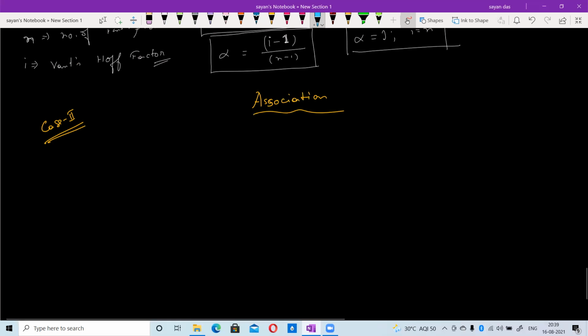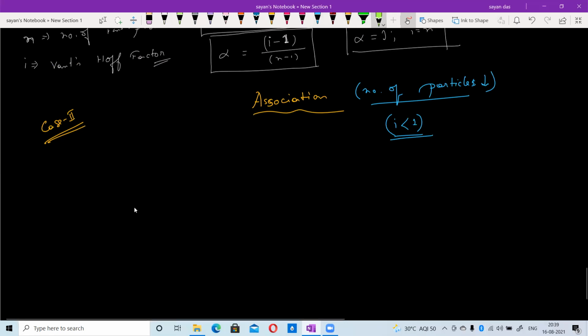Now for association, the number of particles decreases. So if the number of particles decreases, we can say in this case the I value is always less than 1. For association, the I value is always less than 1.